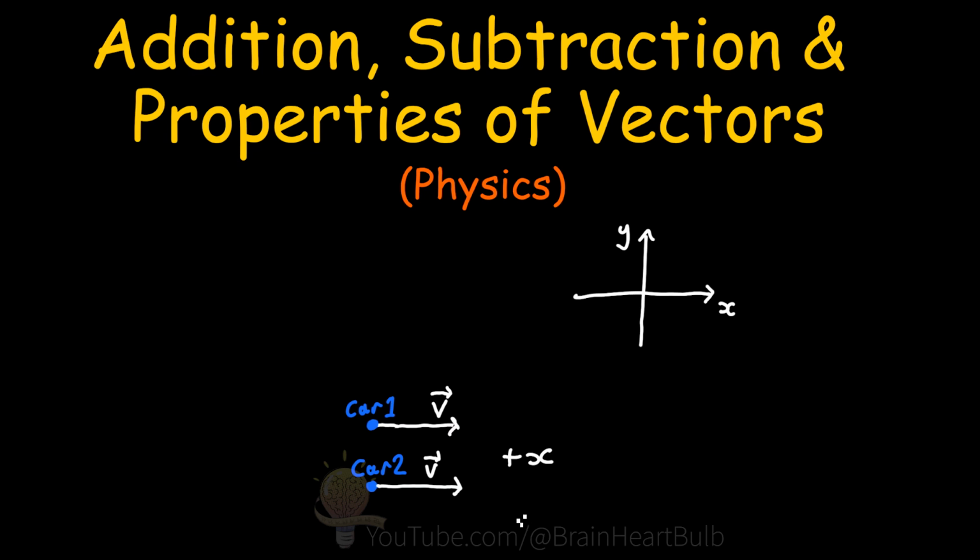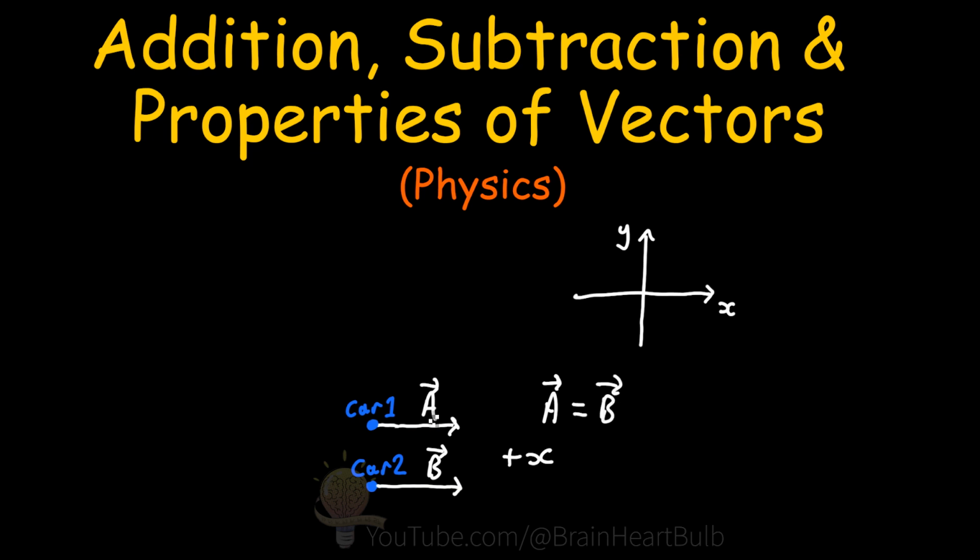And if we rename our velocity vectors here, so the vector working on car 1 we'll call A, and the vector working on car 2 we'll call B. If these velocity vectors are identical, as they are here, then A is going to equal B.